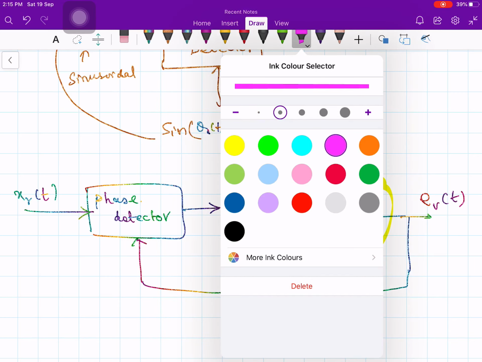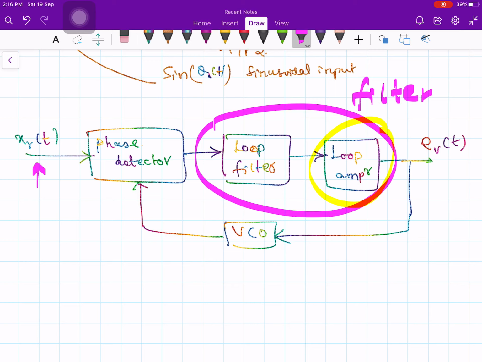Now what is a voltage controlled oscillator? That we have discussed in the context of FM signal generation, direct method, right? So a VCO is present in the feedback path of this circuit. If you feed an FM signal at the input, then the input to the voltage controlled oscillator is taken from the output.